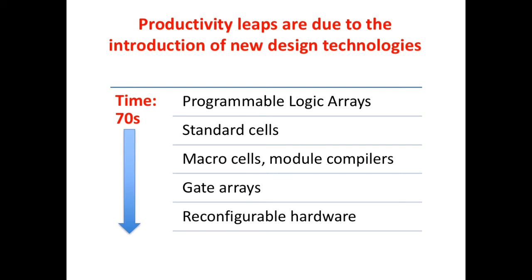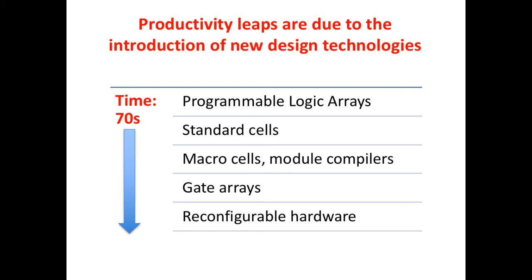Then from the late 70s, we started to observe programmable logic arrays, which we'll discuss in the next few minutes, and then standard cells, and then macro cells and module compilers, then gate array, and then reconfigurable hardware.